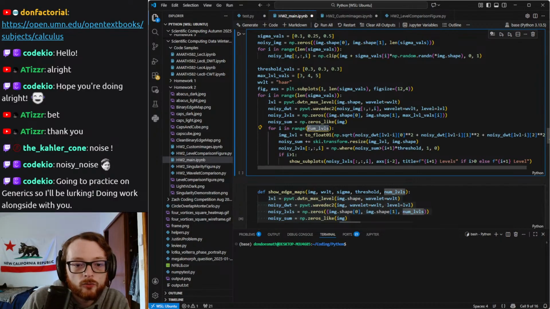For i in range max level vals i. What is this LVO? Oh, yes, that's fine.